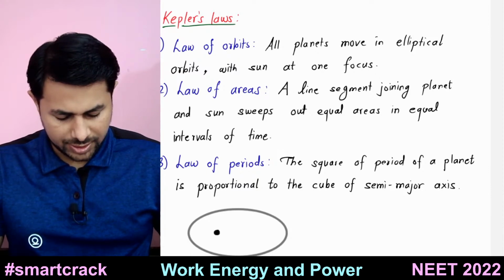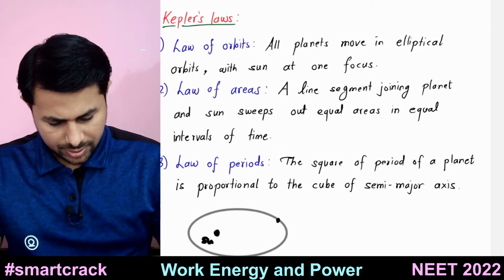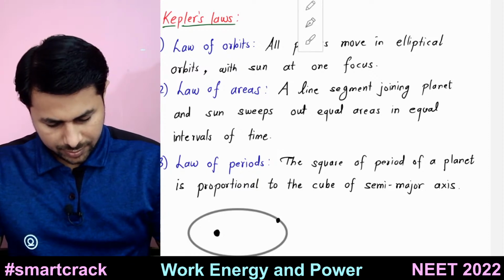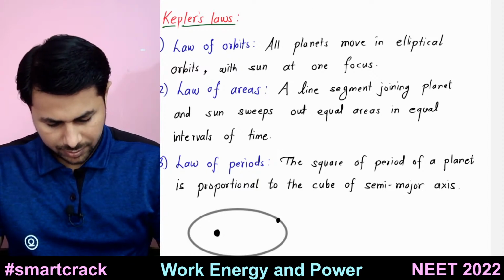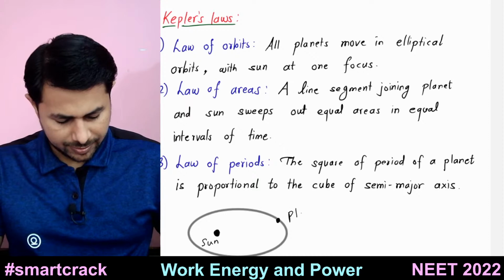So let's suppose sun is here. Okay, so this is our planet. This is sun and this is some planet.